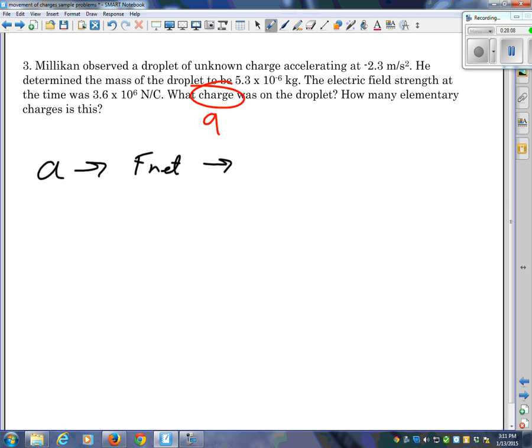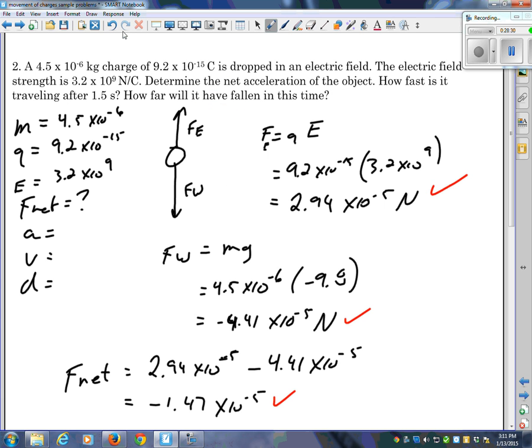And now that I have that, I'm trying to find out the charge. So I'm going to have to figure out FW on the side, right? And then I'm going to use that and find FE, and that's going to give me the charge. All I did was I took this example and I worked backwards.